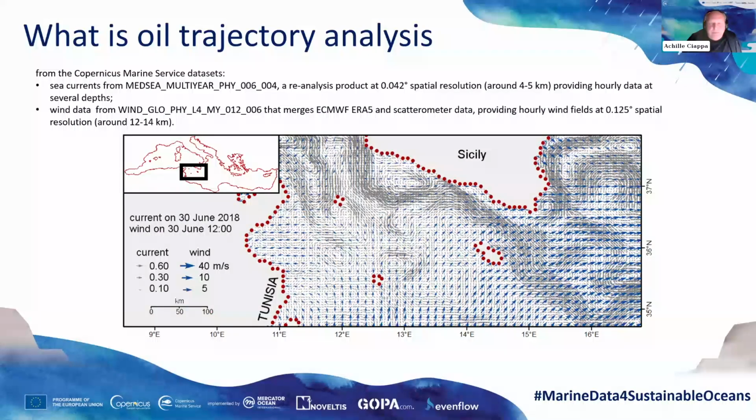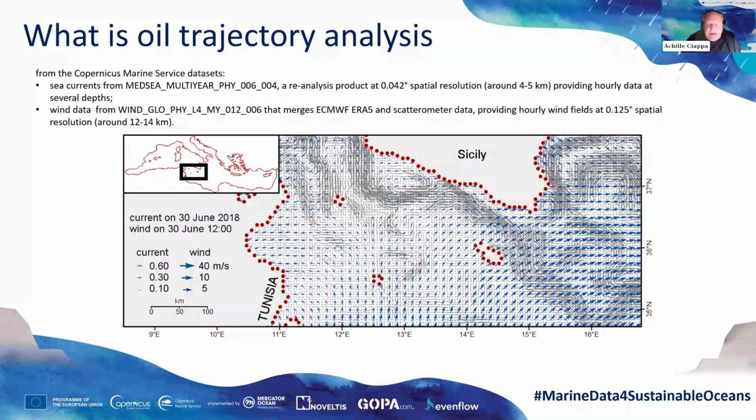But while wind data were more or less available in past years, provided by meteorological organizations, the problem was with the sea currents. This is the reason why reverse modeling can be applied today: we have a huge data set of sea currents, as provided by the Copernicus Marine Service.